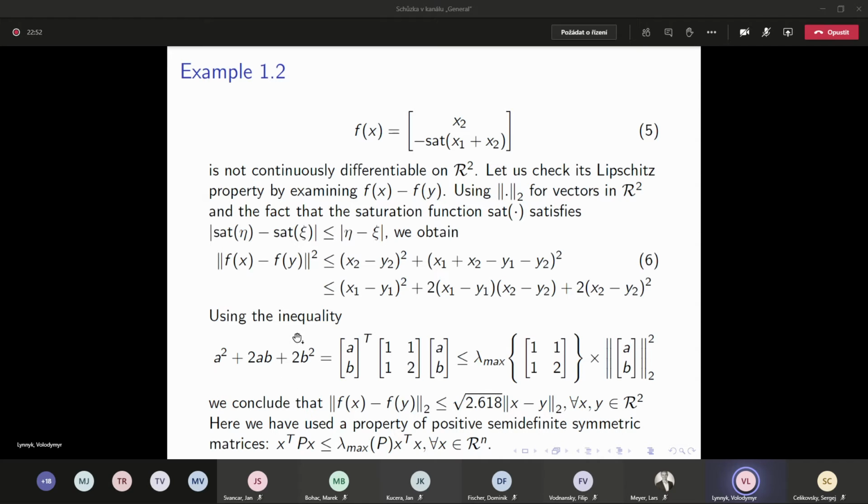And here we have used a property of positive semi-definite symmetric matrices, that x transpose P x is less than or equal to lambda max, the maximal eigenvalue of matrix P, times x transpose x, for all x in Rn.